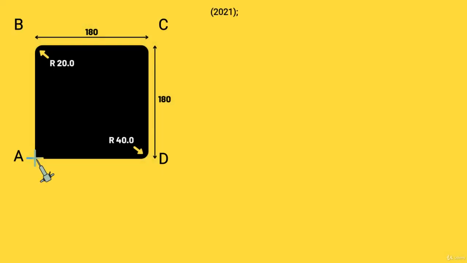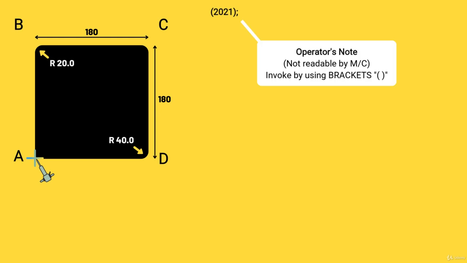Now the first thing the machine sees in the program is the program number. This is in brackets, which means the machine cannot actually read it. It's basically for us and it is called an operator's note. Here we can write the date or year in which we are writing the code.